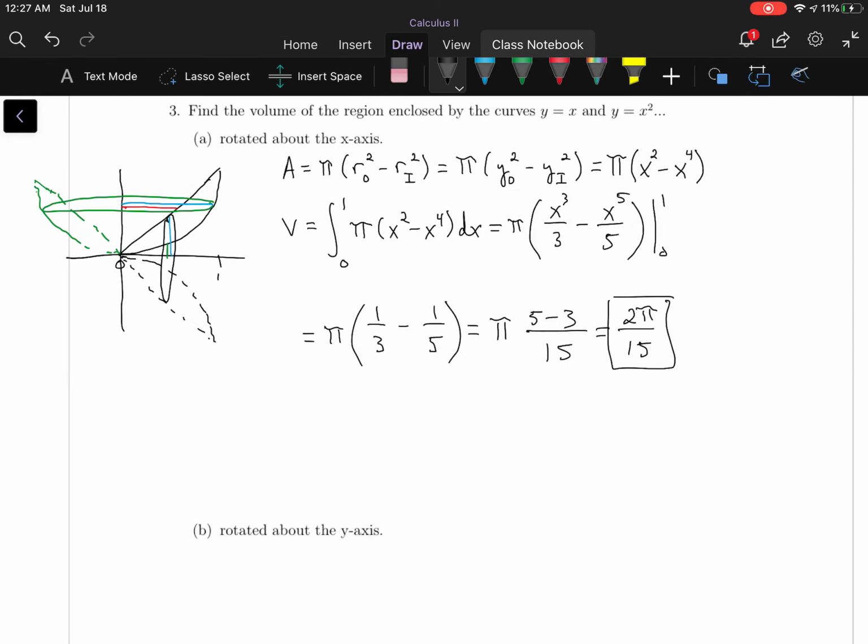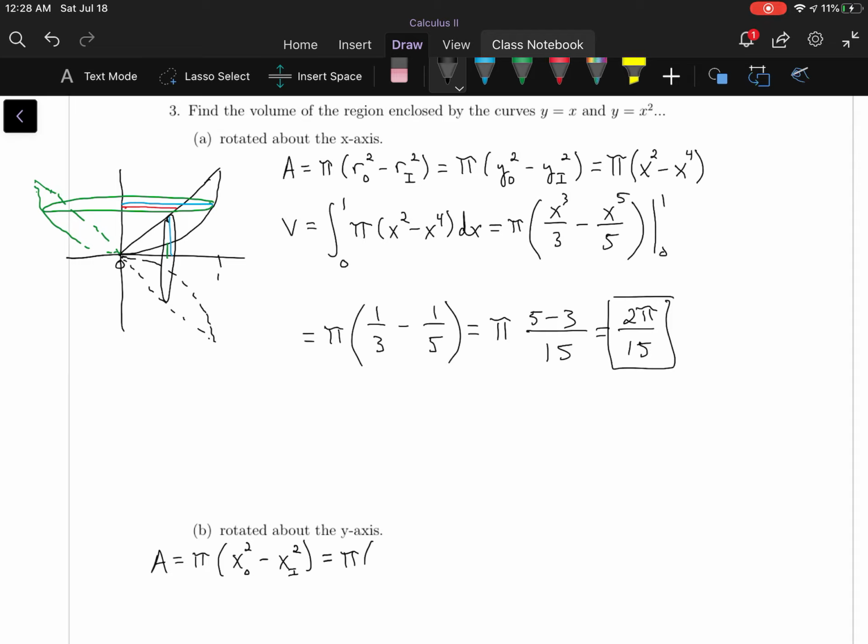So we need to work out our area function here. And so A is pi r outer squared, but this is in the x direction, so this is x outer squared minus x inner squared.